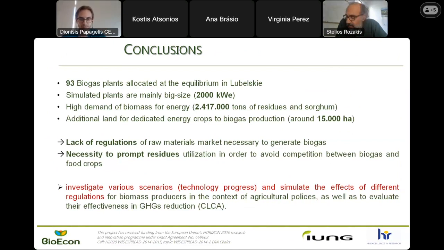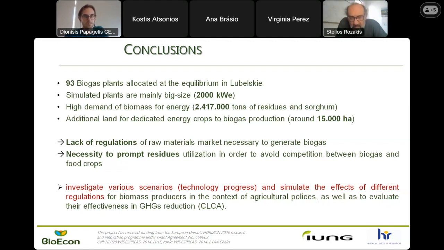Imagine that at the time, it's a couple of years or maybe 3 years ago, that we ran the model in the entire country of Poland. The number of biomass plants was around 130 or something like this. And in Lubelski, we had, I think, two or three.